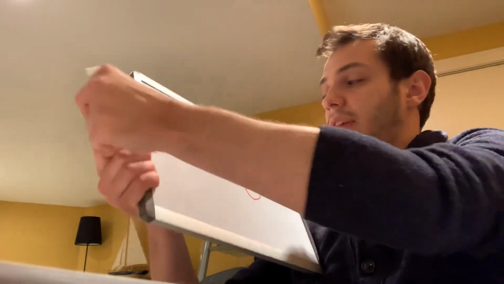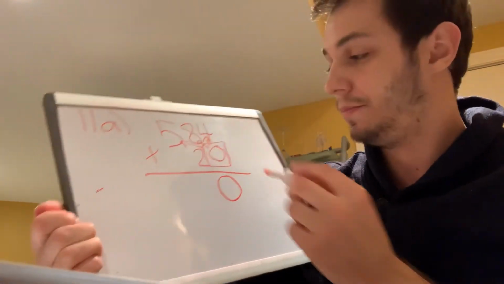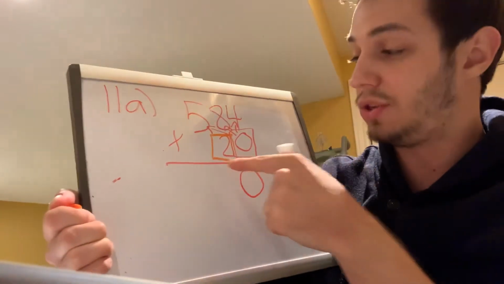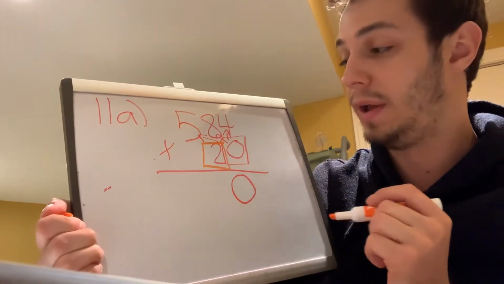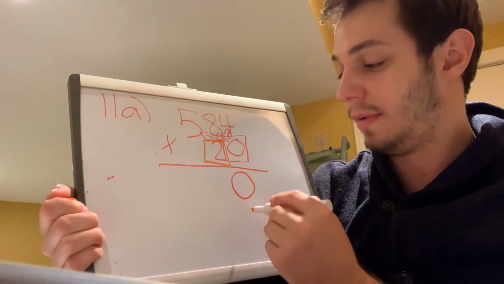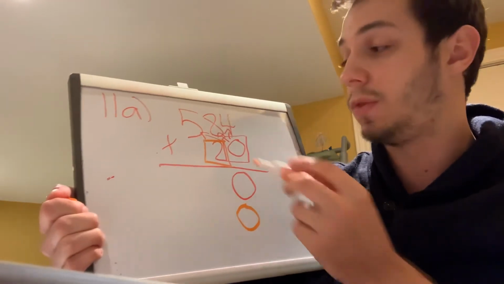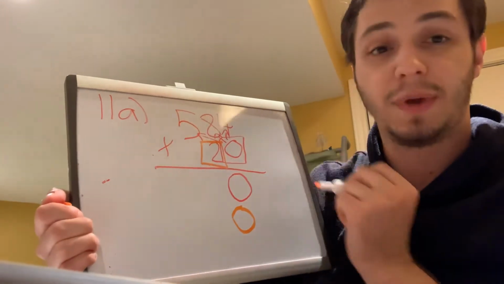Now I'm going to use a different color to represent the next number I'm going to look at. I'm going to look at this 2. But since this 2 is in the tens category, I have to represent that by putting another 0. And then once again, I'm going to multiply the 2 with the 3 top numbers.